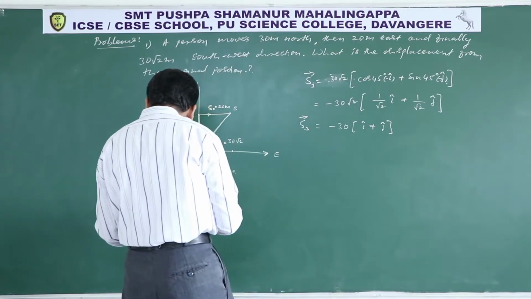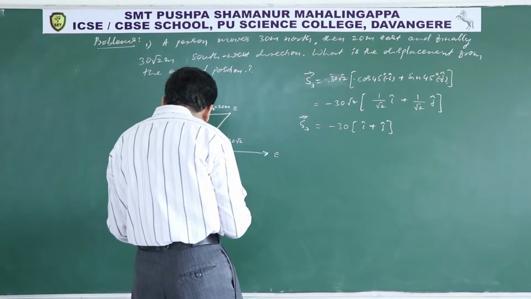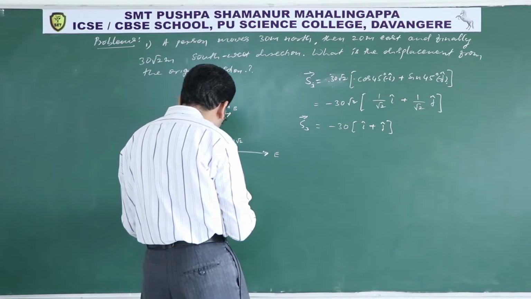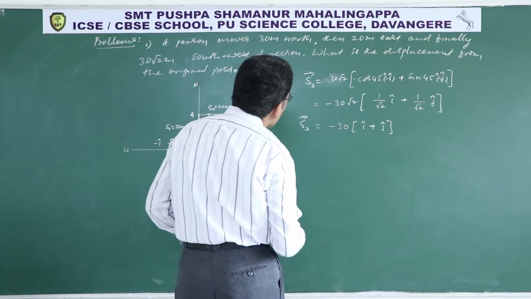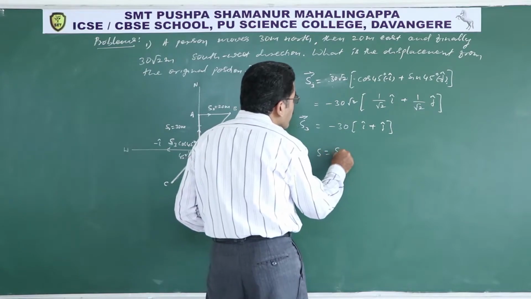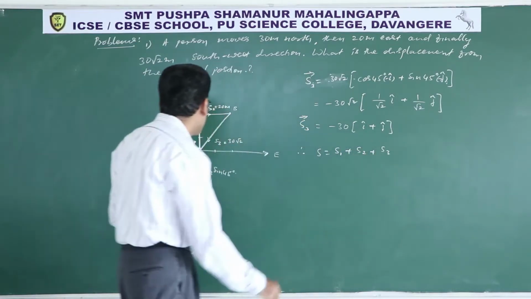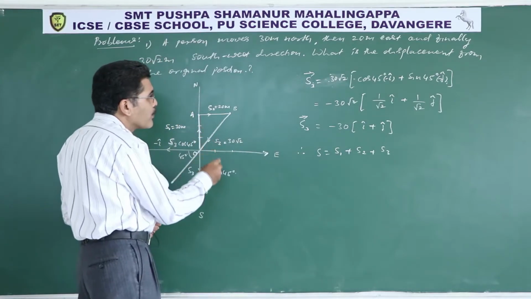They ask you to find out the final displacement produced. So therefore, S is equal to S1 plus S2 plus S3.